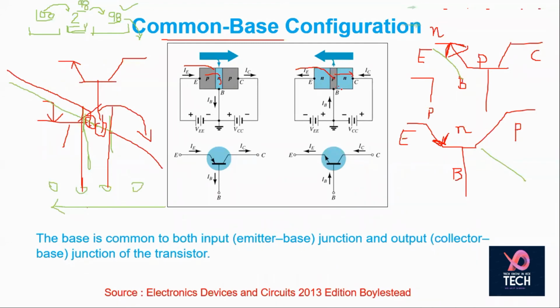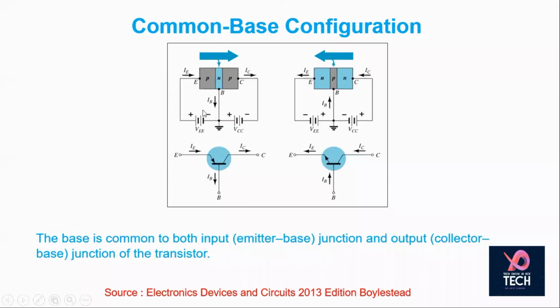So this is how it works. So a very small current will generate a very heavy current. So that is what we are talking about. So if we want to say your collector current, then collector current is basically beta times base current. That means a very small current is being heavily amplified to give you a beta current. Okay.